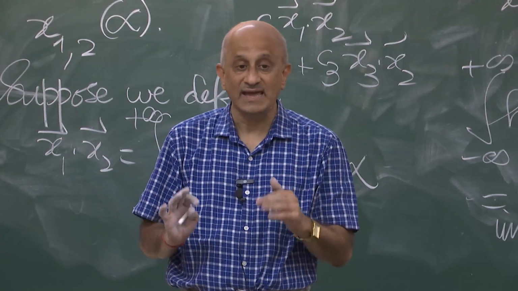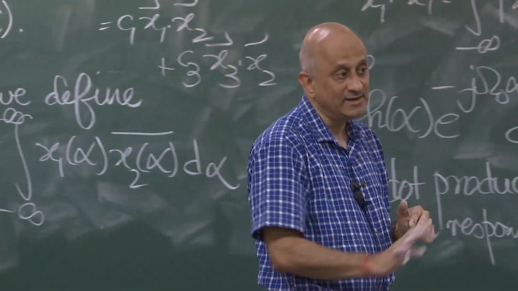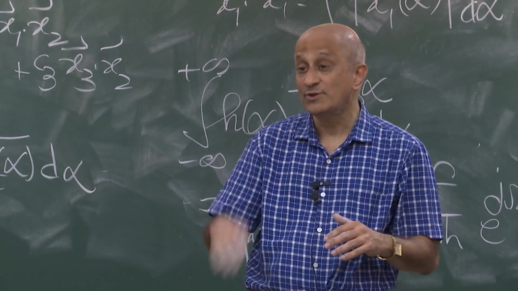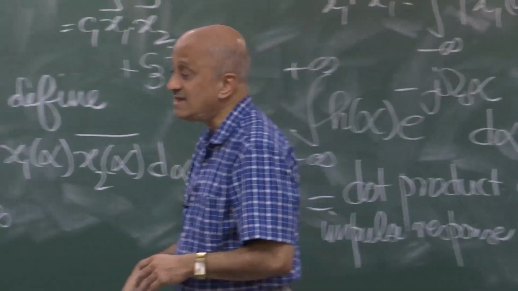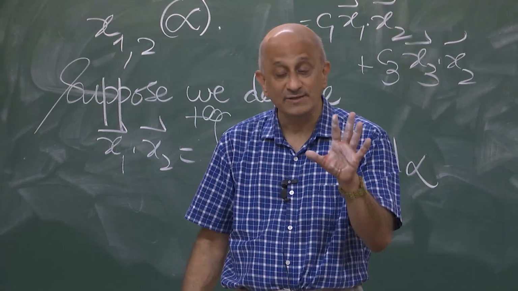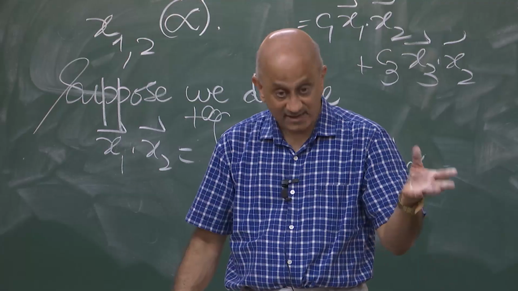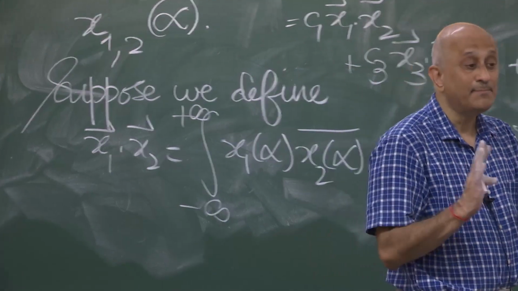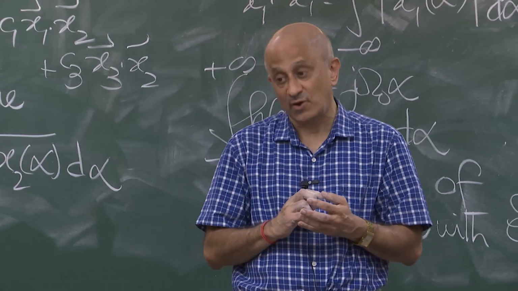And you know the system is linear. That means you can apply the principle of superposition. What is the principle of superposition? You can find out the effect of each of the forces independently, individually, and then combine them in the same way to get the overall effect, right.